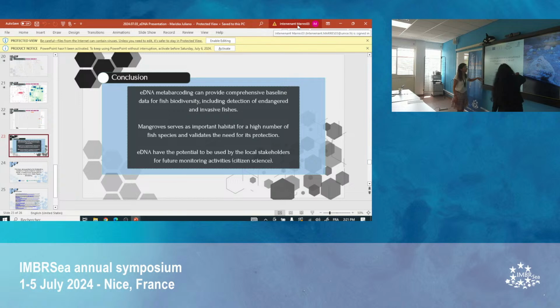Next steps, I need to include one human factor, since we're associating the tourism activity to the species composition. And one of the problems for eDNA is normalizing the data set that we have, since we have a huge difference in the raw reads between samples, which I didn't show because it's another conversation to have.